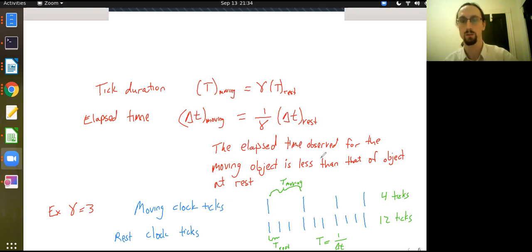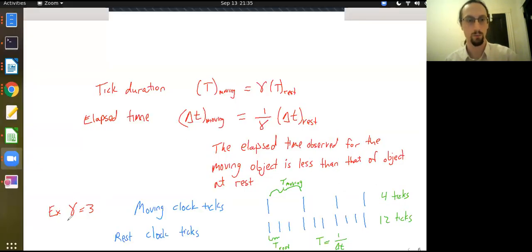Elapsed time observed for a moving object or moving clock is less than that of a clock at rest. And this light clock isn't special, because as Alice is moving, she's just observing that same clock up and down. So too we'll actually see with any clock.